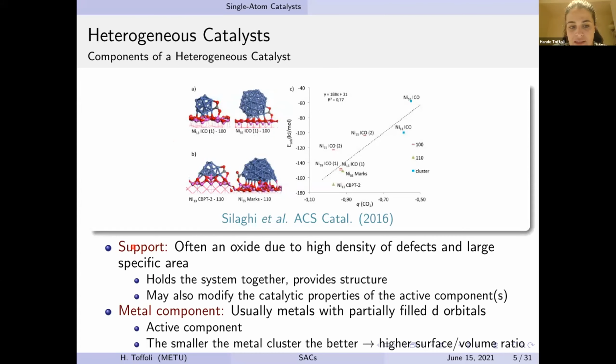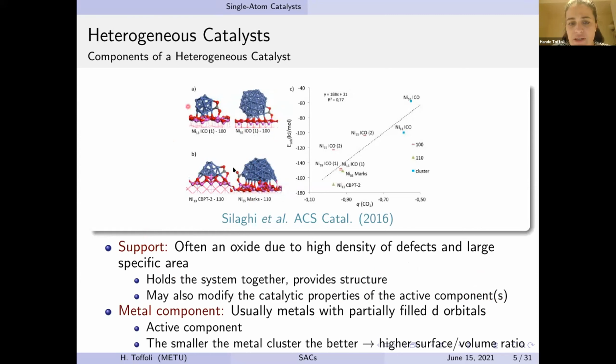But before that, let's see the components of a heterogeneous catalyst. Usually we have a support. This is necessary to, first and foremost, provide a structure to the system to hold the metal component and also the reactants. But this is not the only function of the support. Depending on its interaction with the metal component and the reactants, it may also modify the properties of the reaction itself.